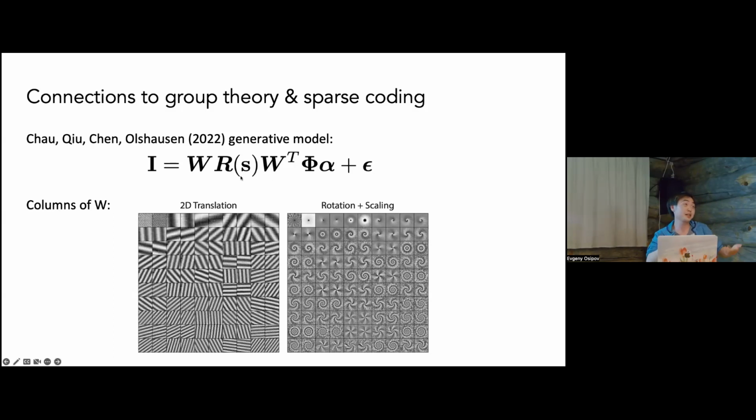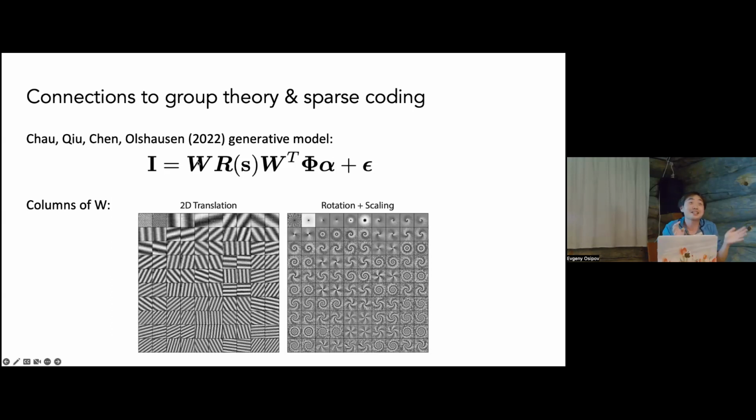The nice thing, as you might know from the convolution theorem, is that convolution in the space domain can be done in the Fourier domain by element-wise multiplication. But this is just a block diagonal matrix, so this is equivalent to doing something like a Hadamard product. And then this W just projects you back into the original space.